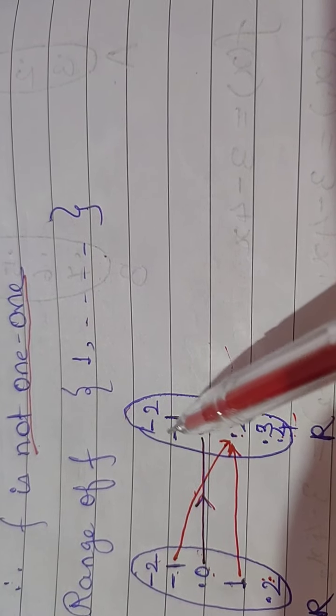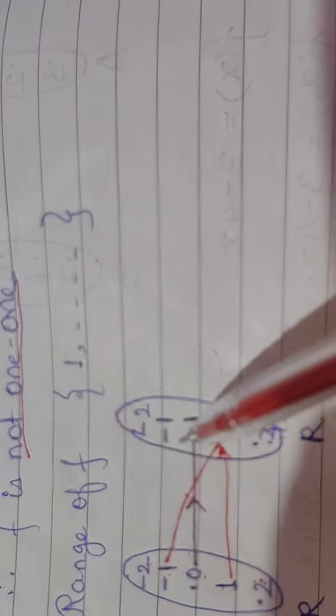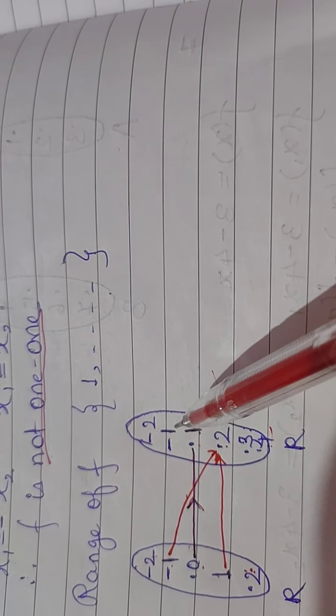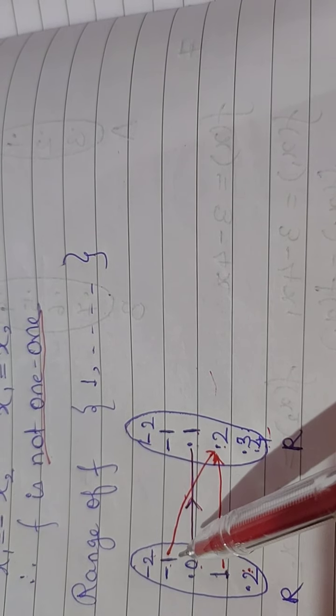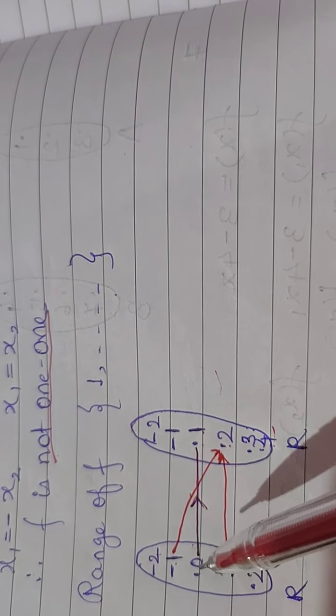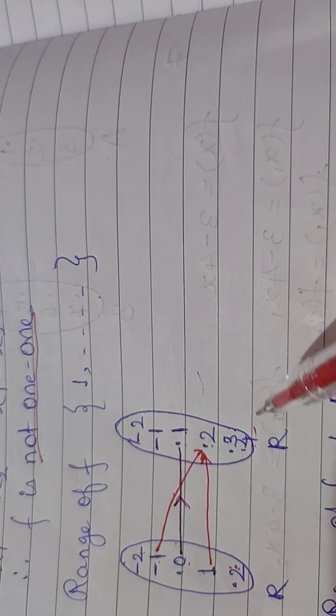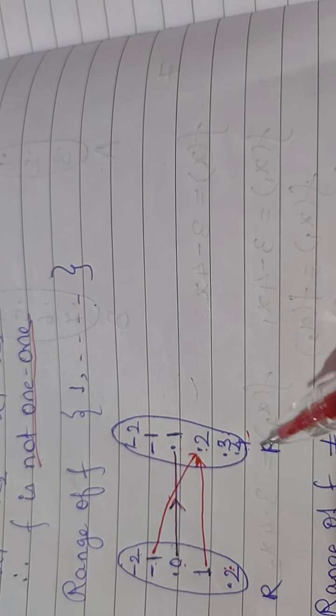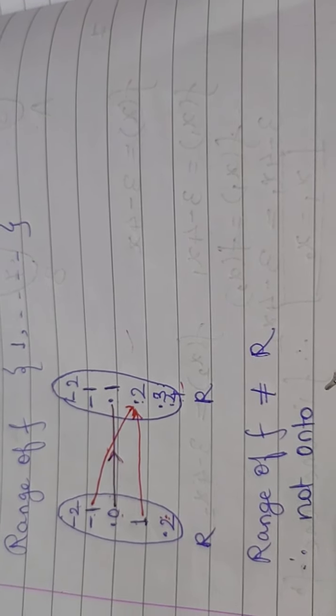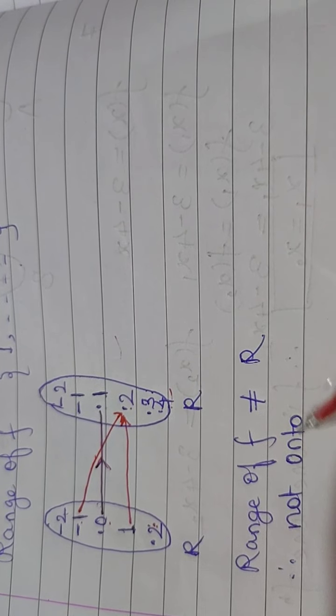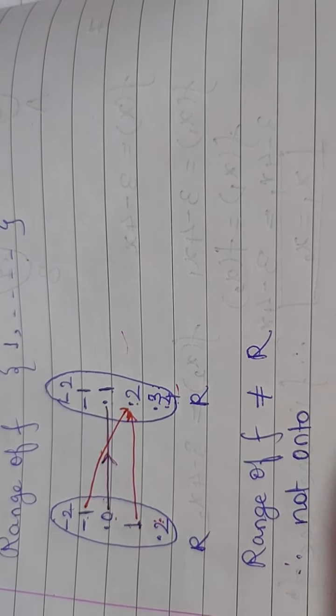Whatever negative numbers are there in the codomain do not have any pre-image in the domain set. Hence the range and codomain are not equal. Range is not equal to R, hence it is not an onto function.